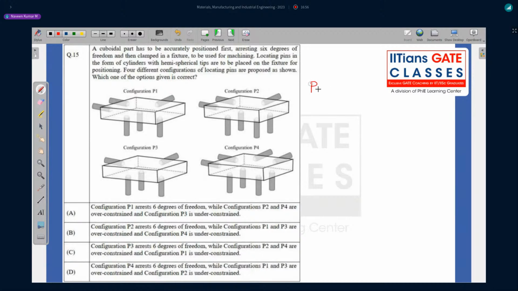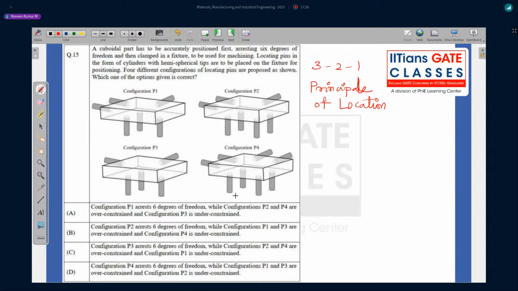So if you remember the principle, what was the principle of location? The 3-2-1 principle of location, we have discussed. What was it? We'll put 3 pins at the bottom, 2 pins perpendicular to the bottom, and 1 pin perpendicular to the previous 2 planes, right? So that was 3-2-1, the pins.